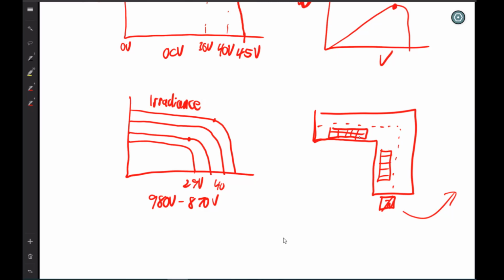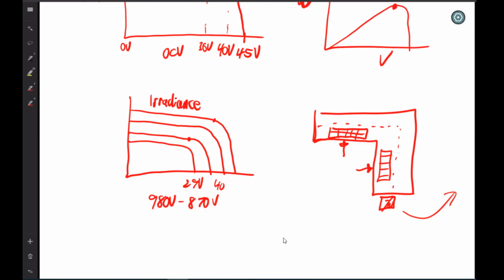You've got a certain amount of light incident here and you've got a different amount here because they're faced differently. You could never string these together on the same string. You would not want to do that because the maximum power point tracker could never properly get both of them.